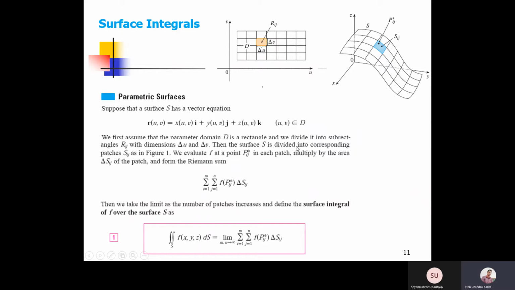Then the surface S is divided into corresponding patches Sij here. And then we evaluate f at a point Pij. Here we take a point Pij on each patch and multiply by the area delta Sij of that patch. Then you form the Riemann sum. And when we take the limit as the number of patches increases, we define the integral of f over the surface S simply as this. That's it. It is as easy as that.